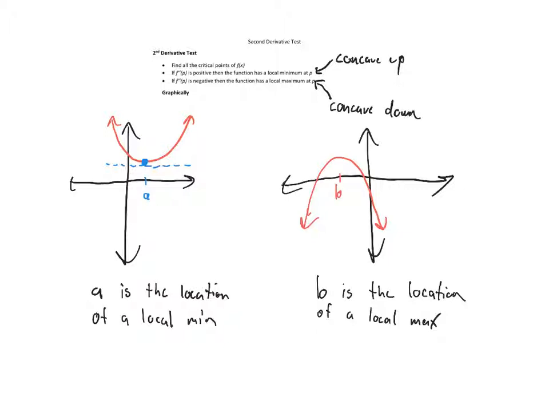And what determines that ultimately? Well, if it's concave up, like in this example, the second derivative is positive. And if it's concave down, like in the example on the right, the second derivative is negative.